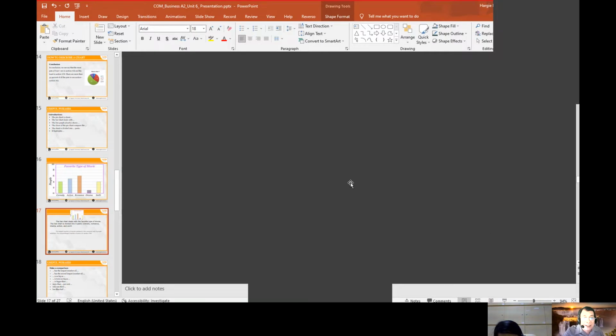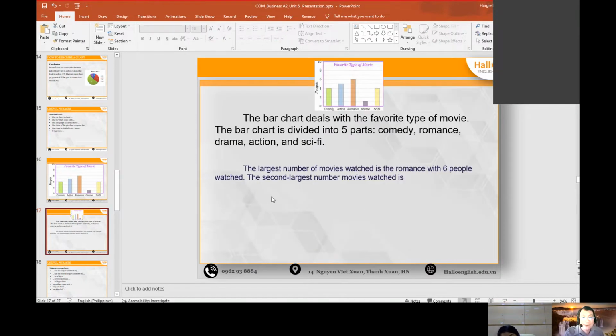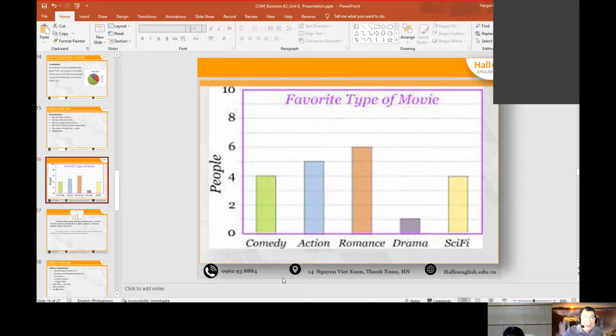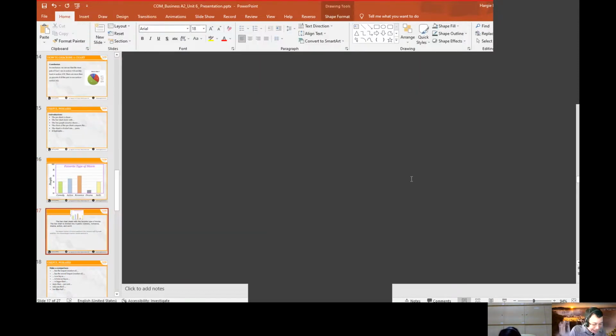The second largest number of movies watched is, so what is the second largest, Toy? Action, with how many people watching? Five people. Very good. So it is action with 5 people watching.